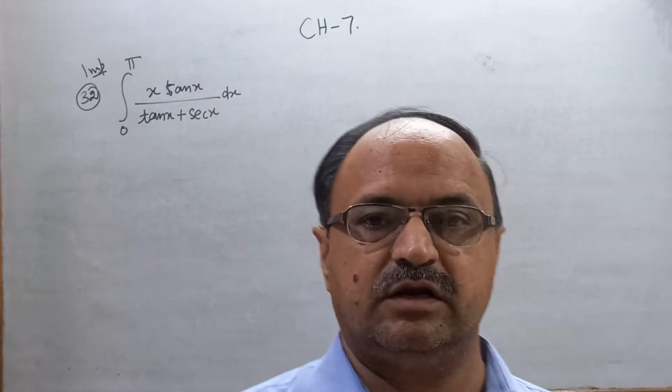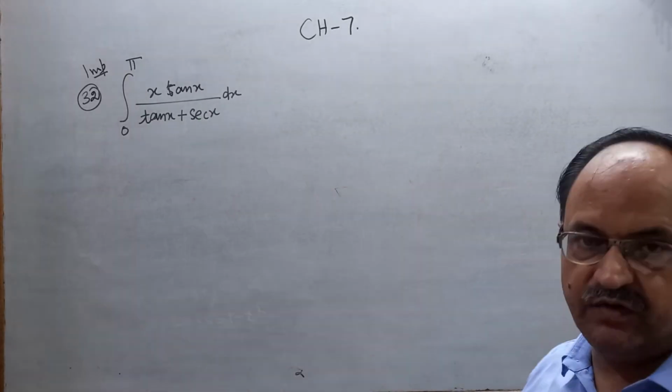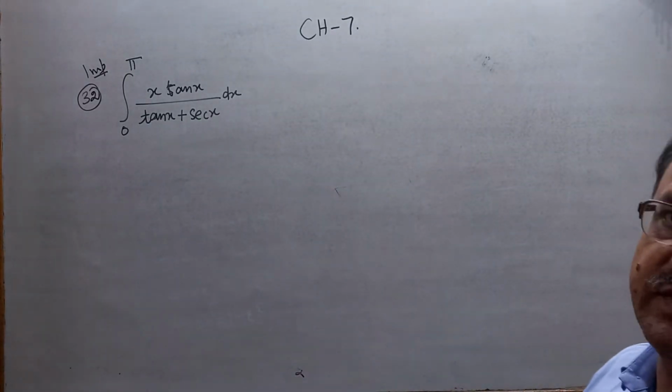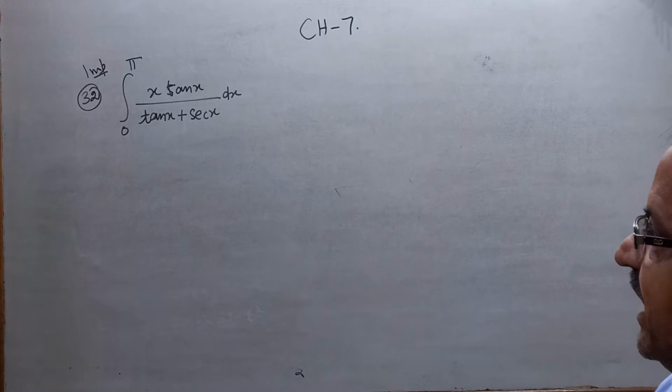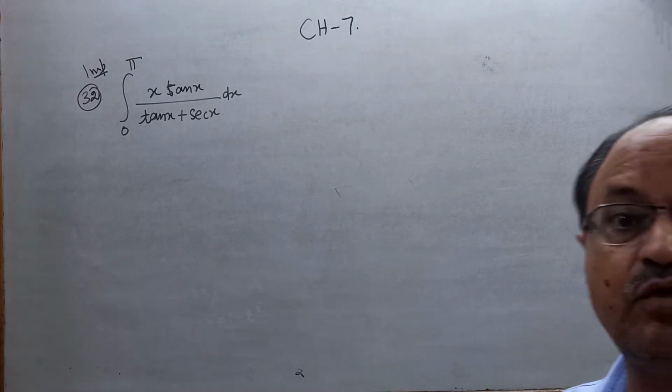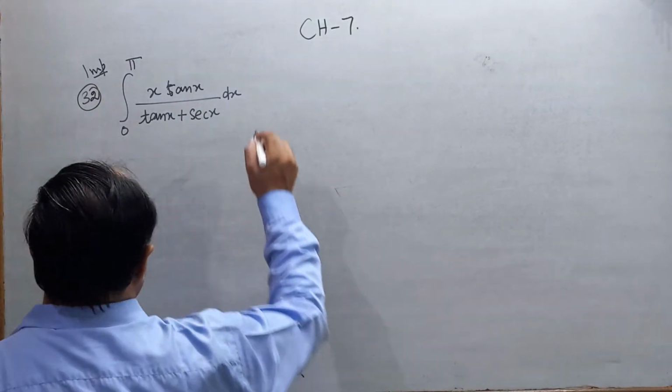In removal of x, apply P4. Firstly remove the x, then simplify the question. For removing x, we use property number P4. Apply P4 here.